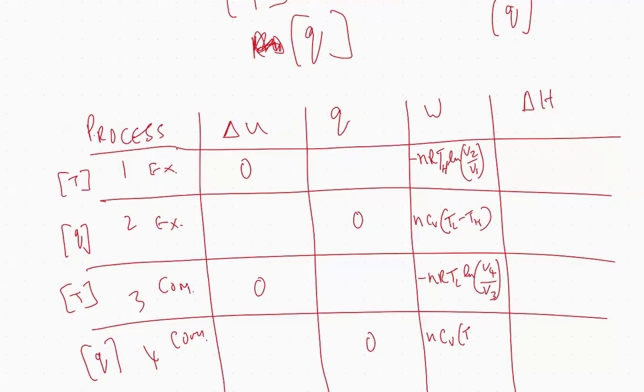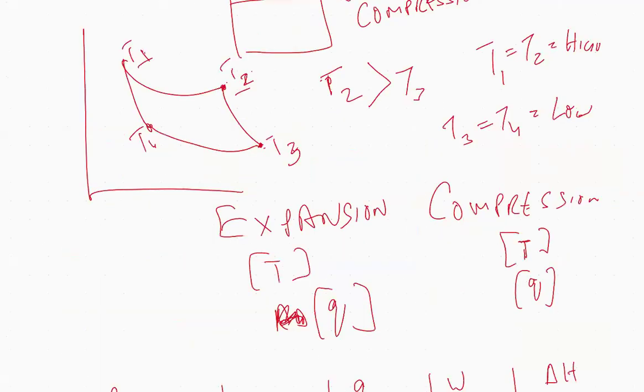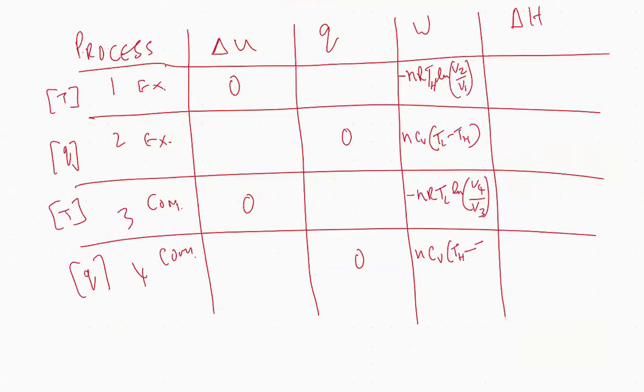T4 and T3 are the same. Minus T low. So you don't have to derive, just remember these things.